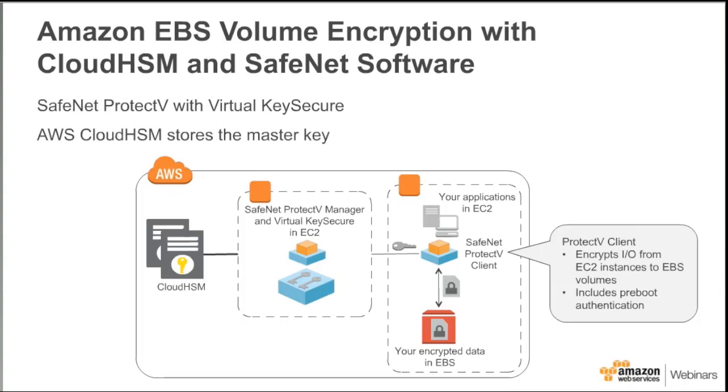Since the devices themselves come from SafeNet, you can use solutions like ProtectV, Virtual Key Secure, where you're managing the client requests coming from your instance and your application to encrypt and decrypt data with keys that are stored inside the HSM.